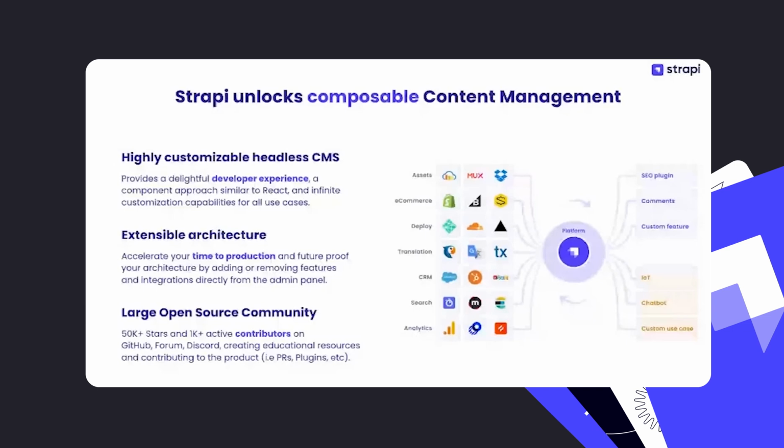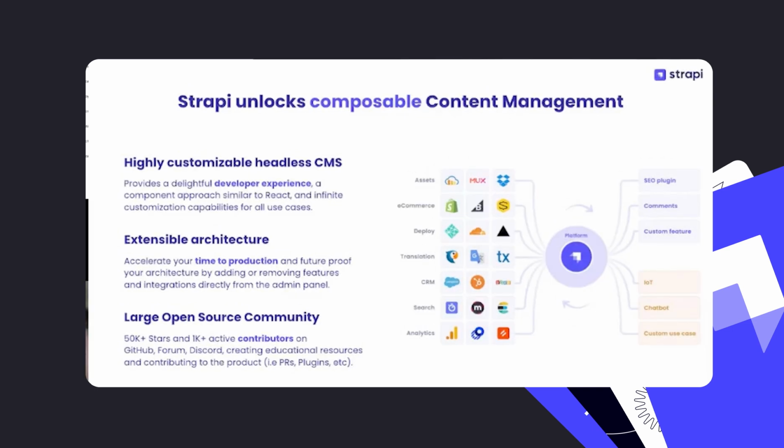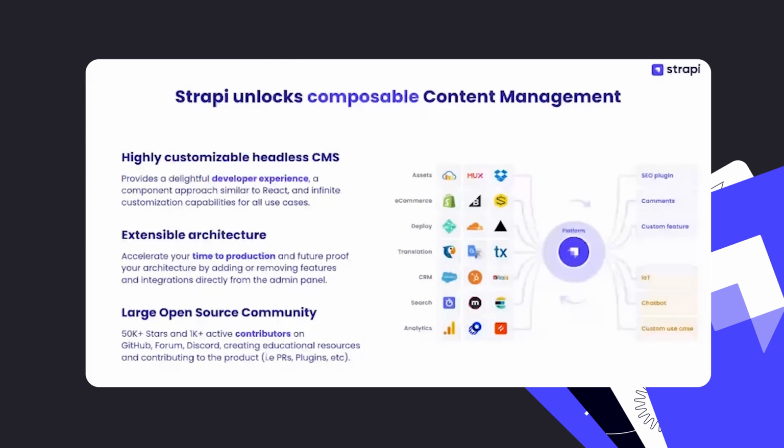There's a large open source community behind it, and with that, Strapi's intent is to reconcile cross-functional content management needs, no matter what the use case or the service you want to integrate in your stack or the device where you want to display the content. So the idea is to give freedom to the different CMS stakeholders to ensure they work really well together.